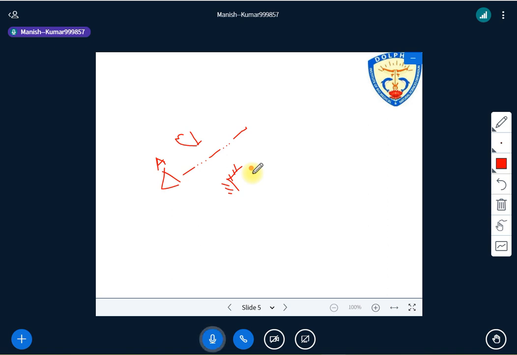We have to draw one perpendicular line from the chain line to this feature, right?